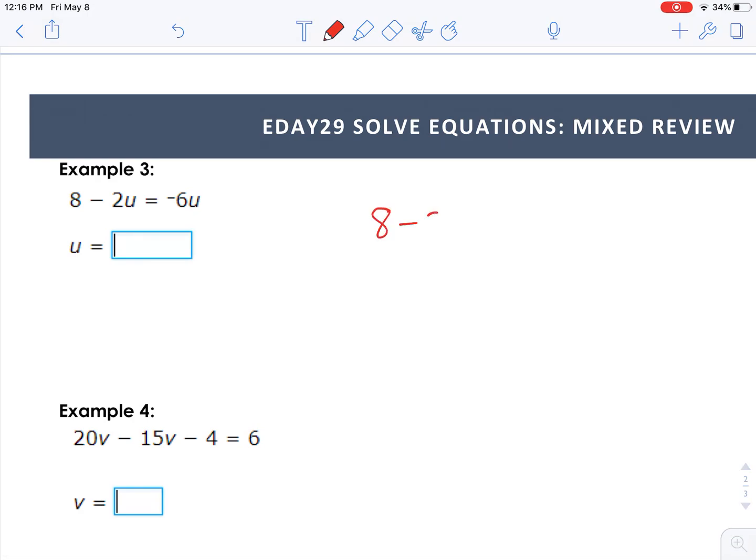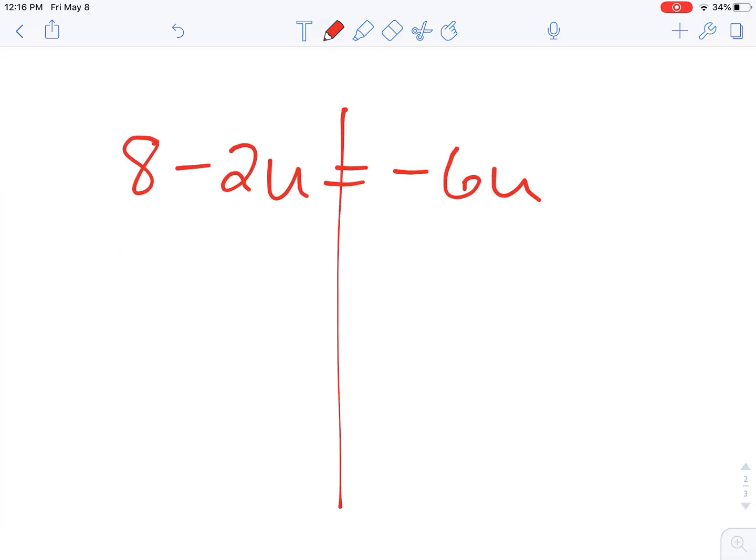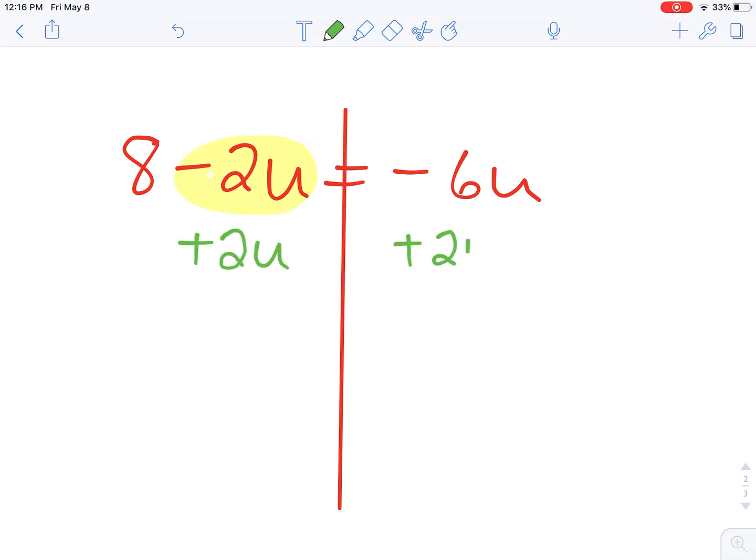Now the next one, we have variables on both sides. Because the right side only has a u, we want to move this negative 2u to the other side. Now when you move things across the equal sign, you do what's called opposite operations. So if it's a negative 2u, you're going to add 2u.